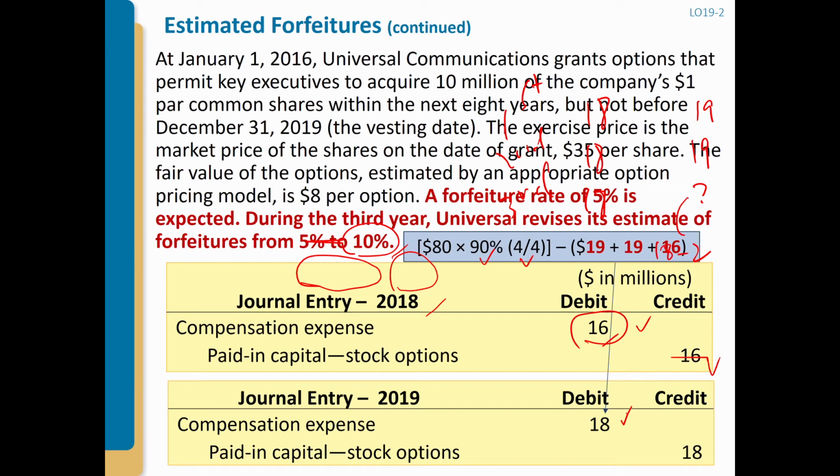80 times 90%. We call that forfeiture rate. So the 4 years still have the journal entry, even though the forfeiture rate was revised in the third year. In the fourth year we didn't revise the estimate. It's still 10%.